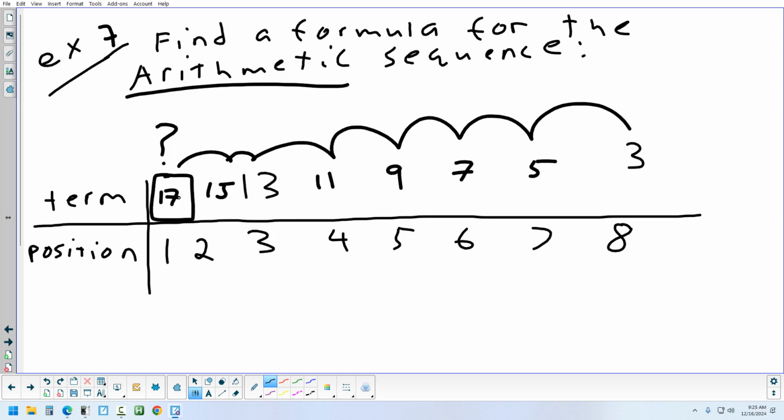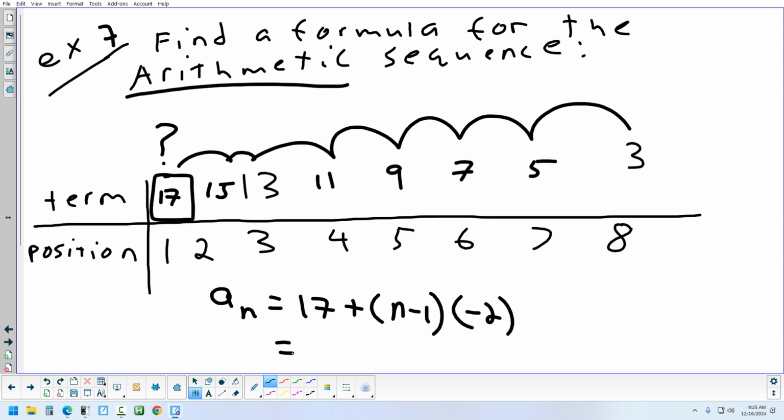There we go. So now our pattern is the first term plus n minus 1 times d. What's the common difference here? Negative 2. It is important you write negative 2. That's negative 2n.